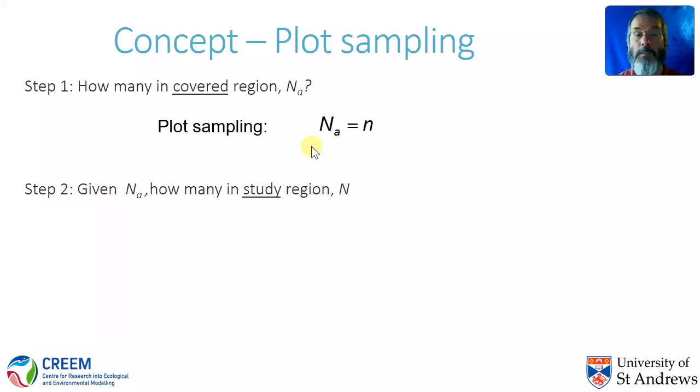When we do plot sampling, our estimate of the number of animals in the green bit of the study area we visit is the same as the number of animals we see, because plot sampling assumes that we see all of the animals in those green strips. None of the animals in the green strips elude us or evade us.